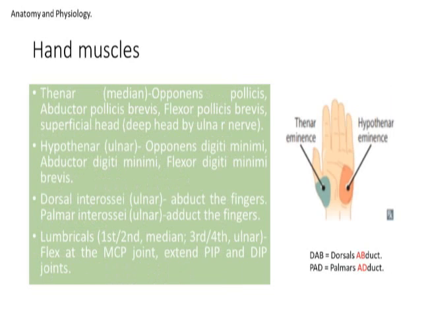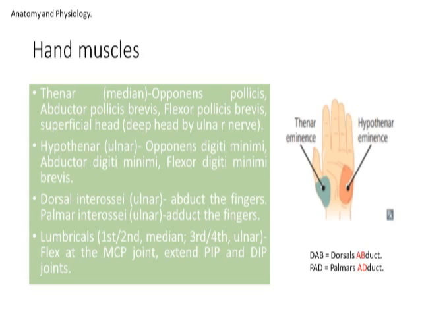Now we are going to see other slides. Here is number 6, and now we are going to talk about hand muscles. In the thenar region, innervated by the median nerve, we have opponens pollicis, adductor pollicis, abductor pollicis brevis, and flexor pollicis brevis, with a superficial head and deep head. Also we have the hypothenar region.